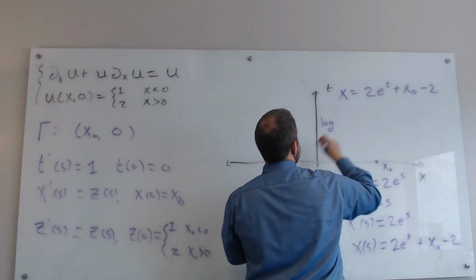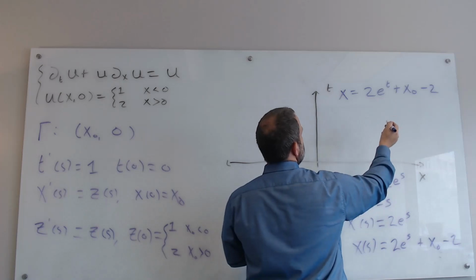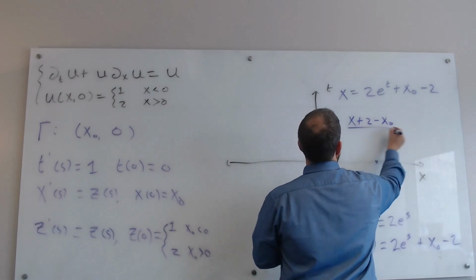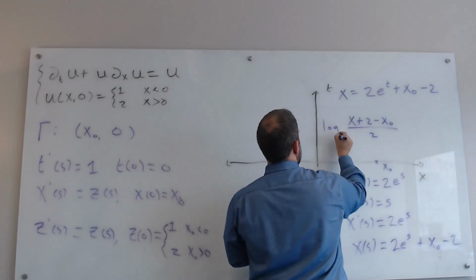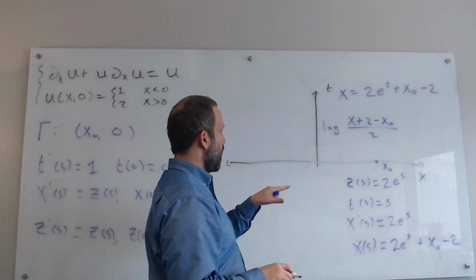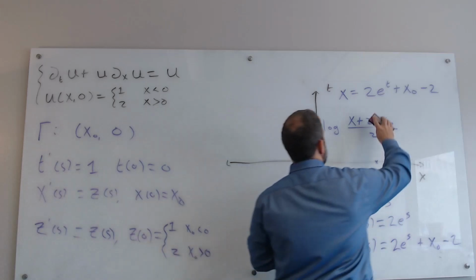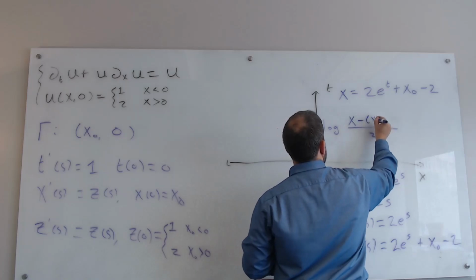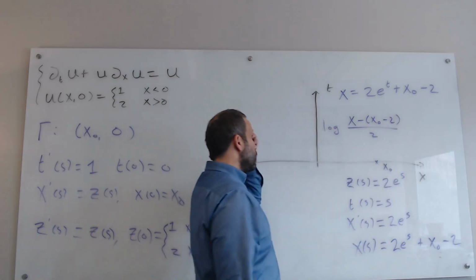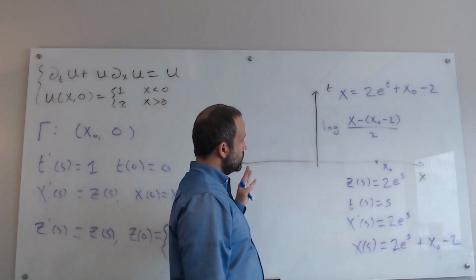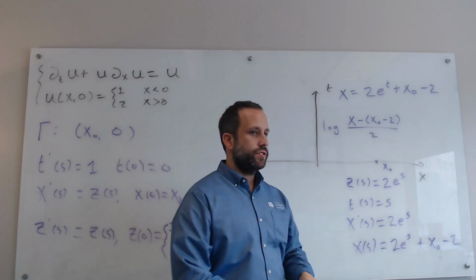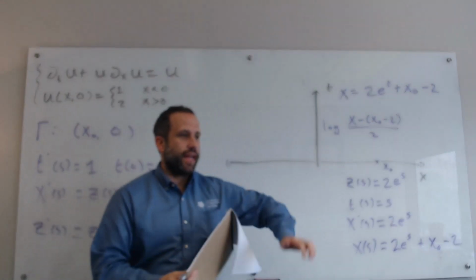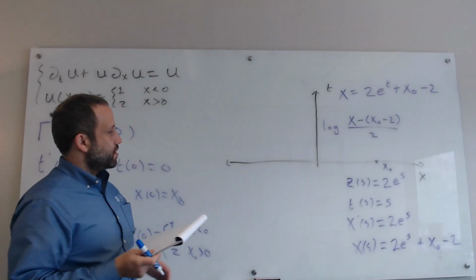It's going to be x plus 2 minus x naught over 2, and we're going to do log of this, and I can write that as minus x naught minus 2. So in other words, it's going to be the log function, but shifted to the right by x naught minus 2. All right, sorry for that interruption. I guess it's probably not a very long interruption in the video since I paused it there.